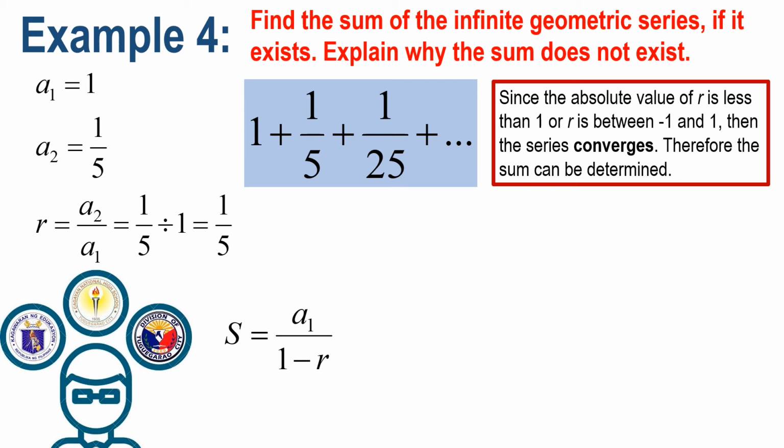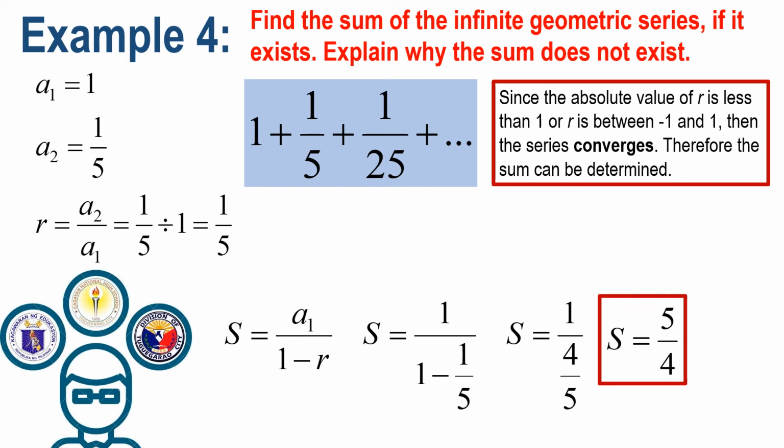Replacing a sub 1 with 1 and r with 1 over 5, that gives us 1 all over (1 minus 1/5), or 1 all over 4/5. And 1 over 4/5 is simplified as 5 over 4. Therefore, the sum of the infinite geometric series 1 plus 1/5 plus 1 over 25, and so on must be 5 over 4.